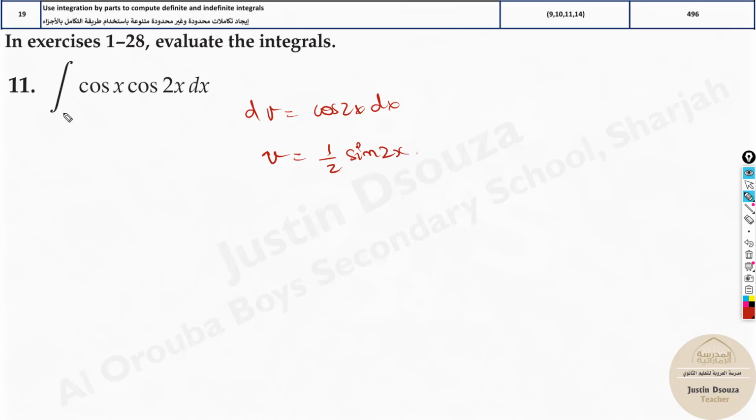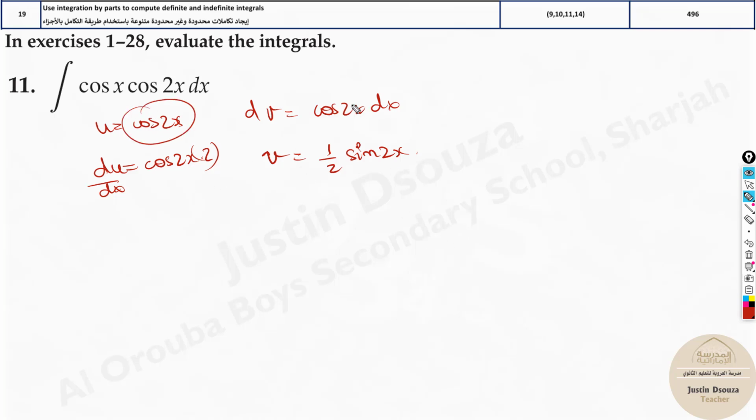If you take cos 2x as u, du by dx will be minus sine 2x times 2. It'll be half over here, it'll be times 2 over here. And if you solve it up anyway, it doesn't matter.